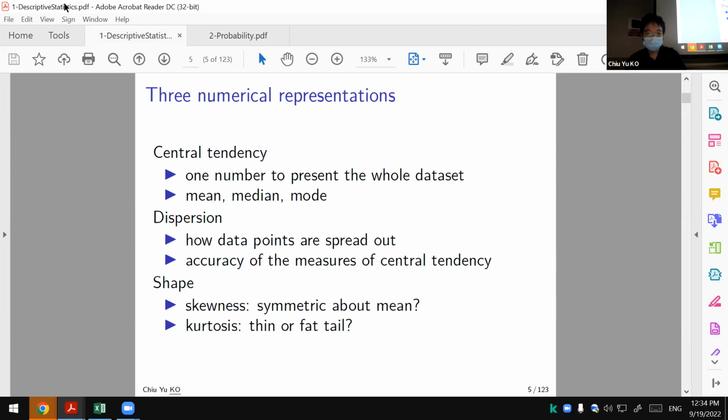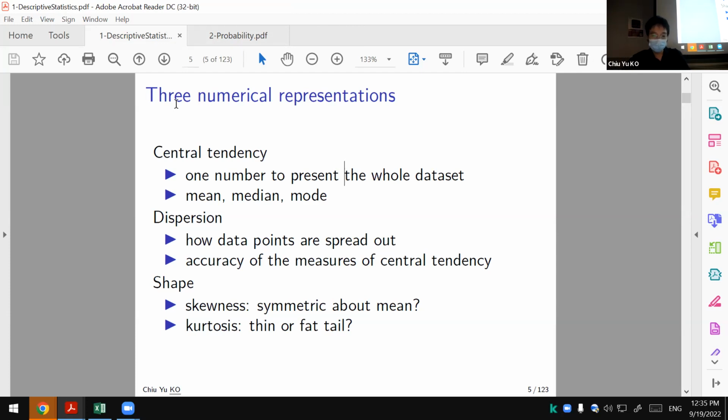The first one is central tendency, and we learned the mean, the median, and the mode. The mean is the center of the data by distance, and the median is exactly the center of the data. You don't care about the distance; you arrange the data from top to bottom or bottom up, then find the middle guy. And the mode.